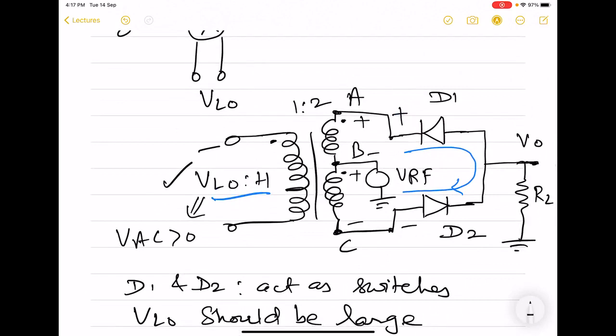I mean, this is at lower potential compared with this node. So the polarity of this is also going to change now. So C is now going to be at higher potential compared with A, and B is going to be at higher potential compared with A.